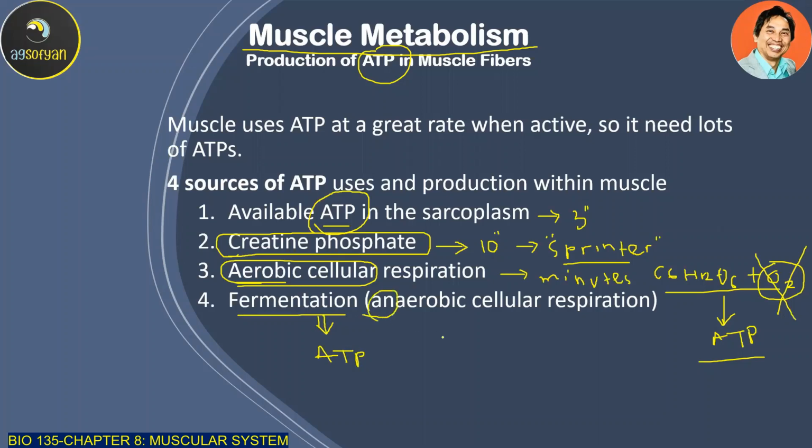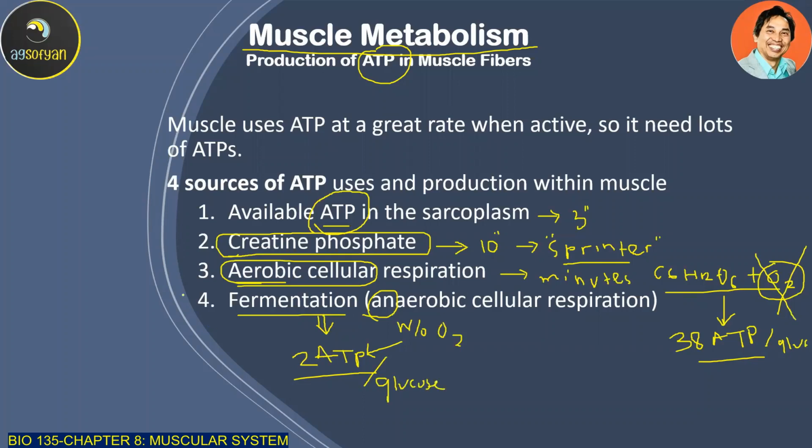So this is production of ATP without oxygen. But the ATP produced from fermentation is really low in number, only 2 ATP per glucose, while using aerobic respiration, we are able to produce at least around 38 ATP per glucose molecule.